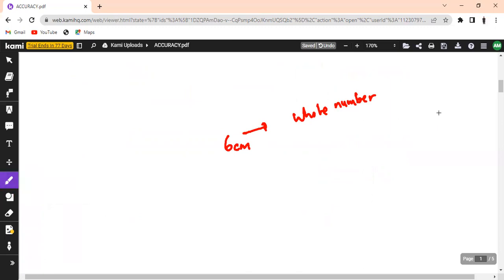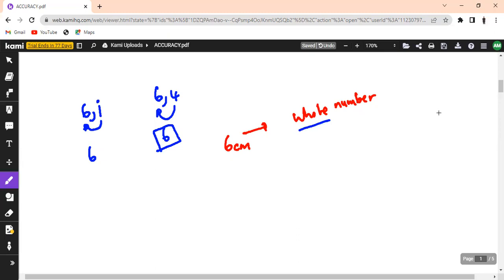If you round off 6,1, it is going to give us 6. If we round off 6,4, it is going to give us 6 again. So there are so many values that we can round off, and they give us the same value, which is 6. Since it is to the nearest whole number, you just focus on one digit after the comma.